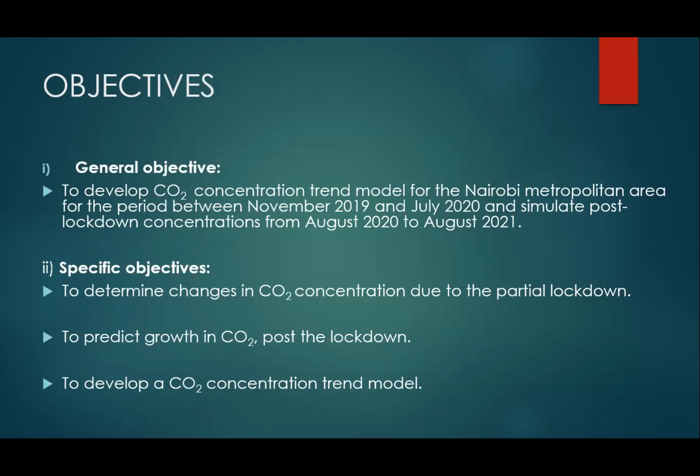Specific objectives: to determine changes in concentration of carbon dioxide due to the partial lockdown, to predict the growth of the concentrations in the near future, then to develop a carbon dioxide concentration trend model that can be tested at any time within the period.